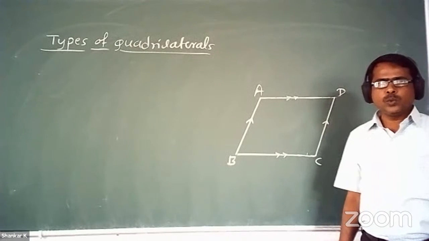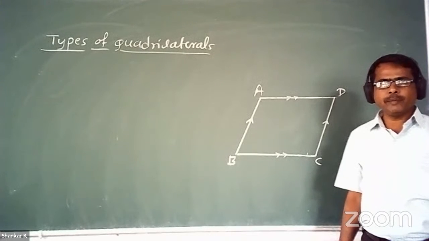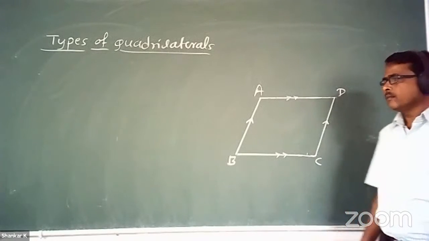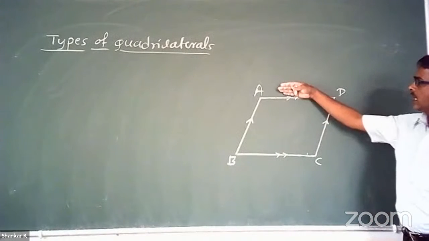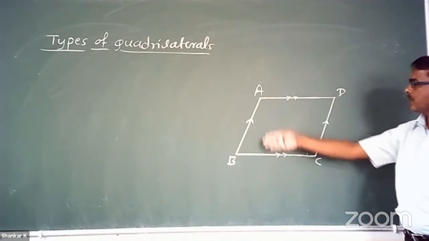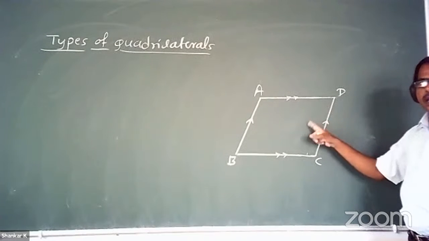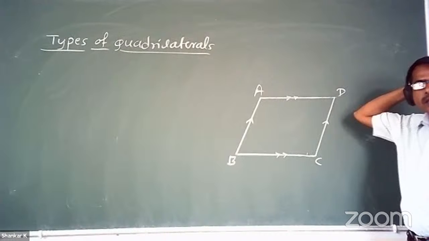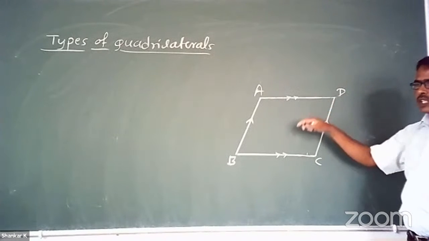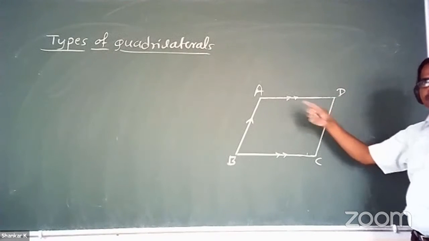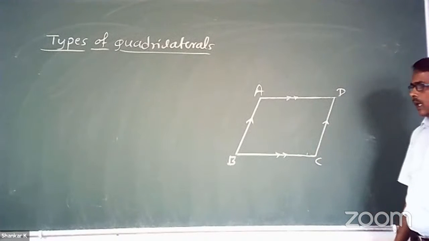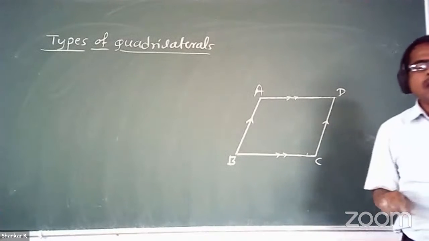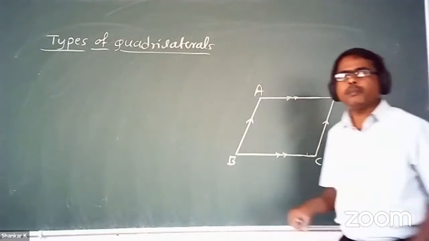Two opposite edges of a table are parallel, they never meet. Here, AD is parallel to BC, AB is parallel to CD. A quadrilateral in which opposite sides are parallel is known as a parallelogram. And opposite sides will be equal also. That is the next property.